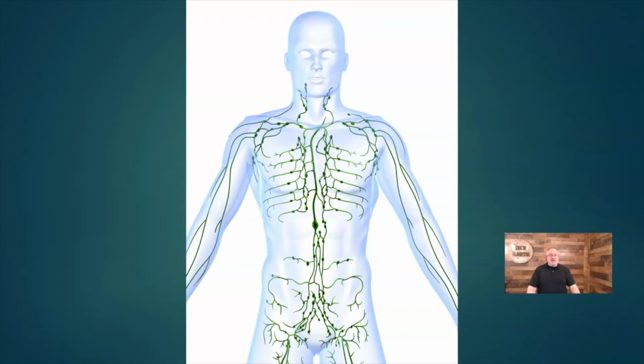And it's just a transport system, only it doesn't have the ability to have its own pump. Our muscle movements and us moving helps that lymphatic system pull or push that fluid to where it needs to go, into our lymph nodes for cleaning these viruses and these bacteria and things like that.